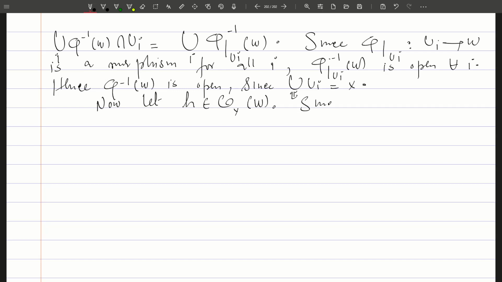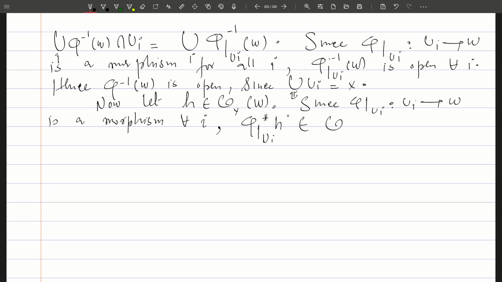So since P restricted to Ui, from Ui to W, is a morphism for all i, one can note that if I look at the composite map, this map, the pullback, this is a regular function on the set P inverse W intersection Ui.